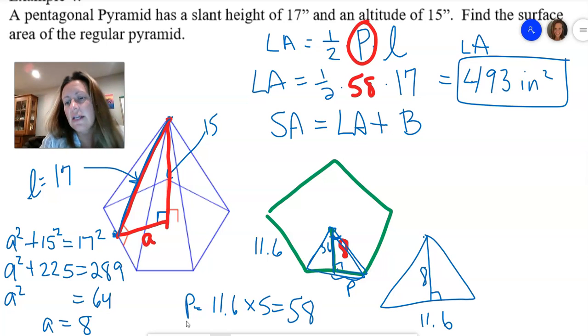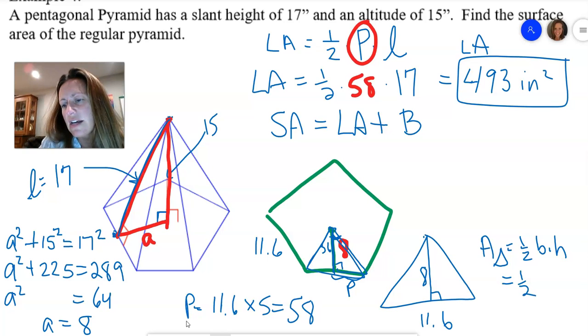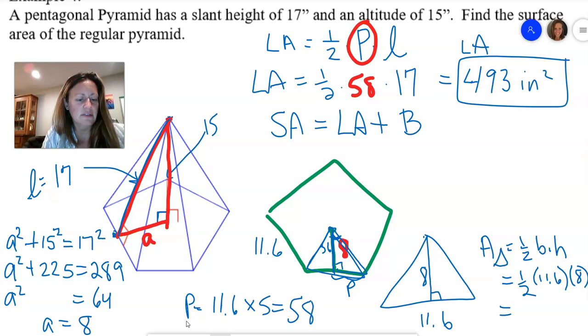So each triangle has an area of 1/2 its base times its height. So each triangle inside the pentagon, and there are 5 of them, has an area of 1/2 11.6 times 8. So that would be like 4 times 11.6, because you could just do half of 8. 11.6 times 4 is 46.4.